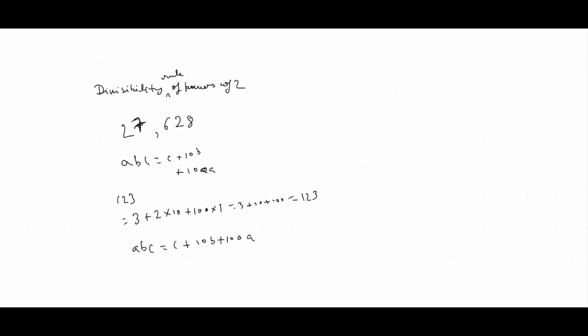Okay, now I'm going to ask you a question. If I'm dividing ABC by, say, any number X, and if ABC is divisible by X, should it not be divisible by this whole term? Right? Can you write this whole term like C by X plus 10B by X plus 100A by X? You can write that. And what does it mean?